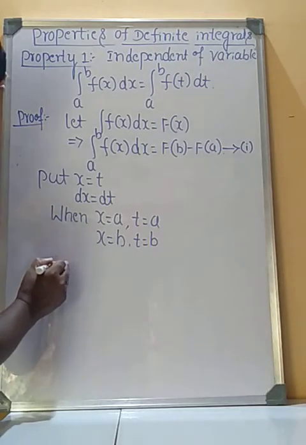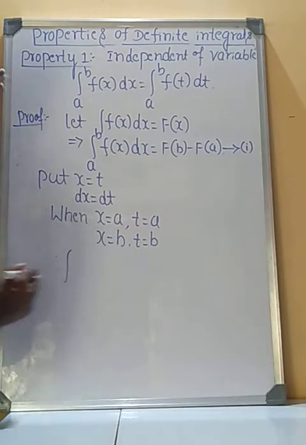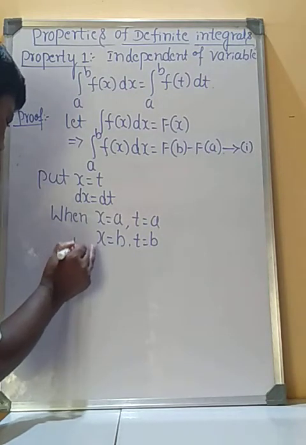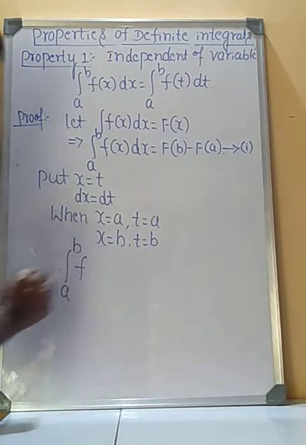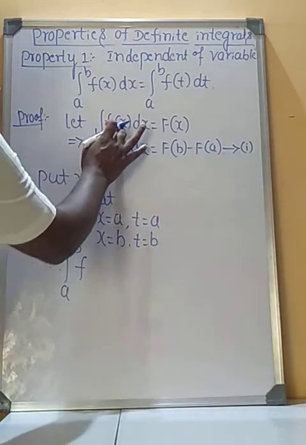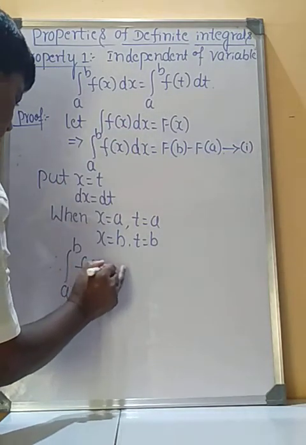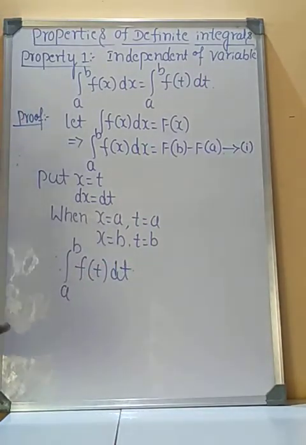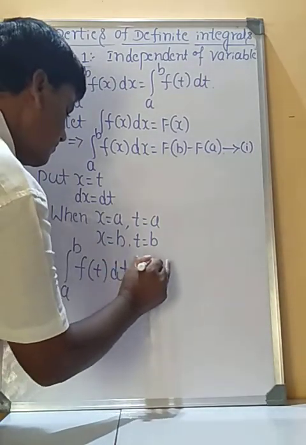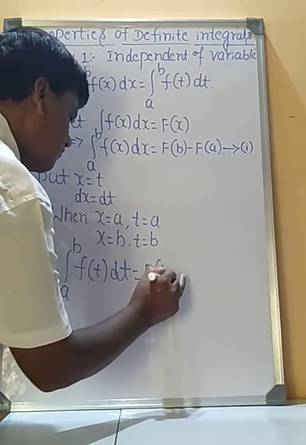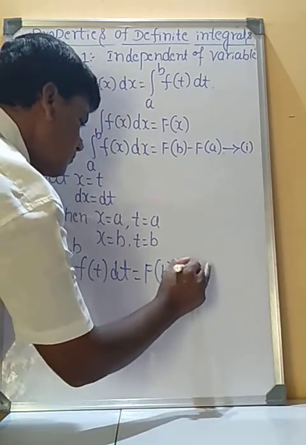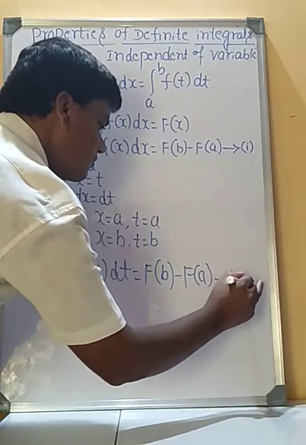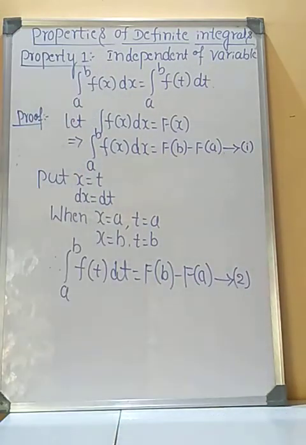So therefore integral a to b f of t dt is also equal to F of b minus F of a. Call it equation number 2.